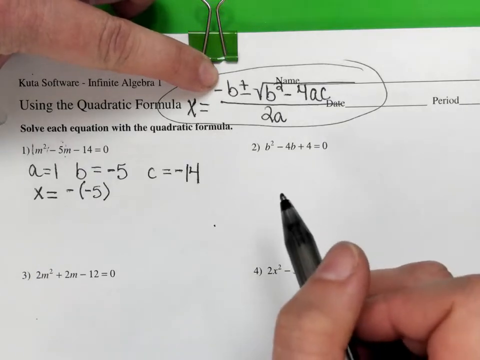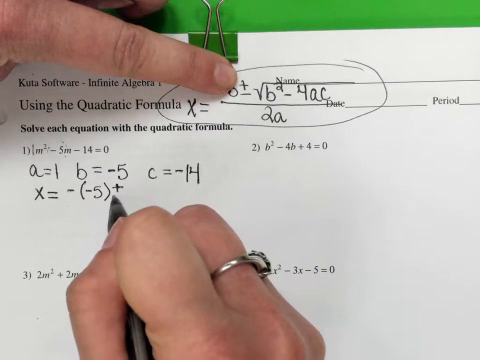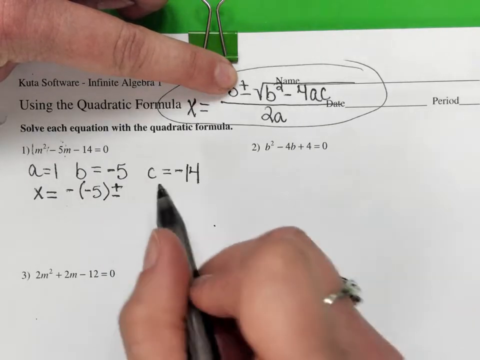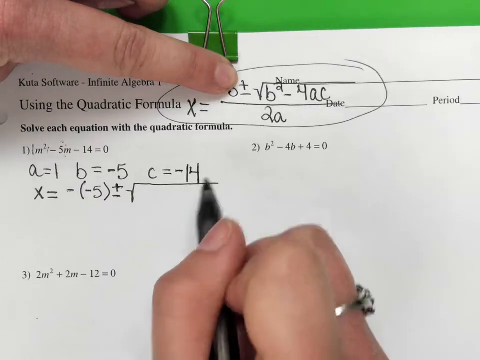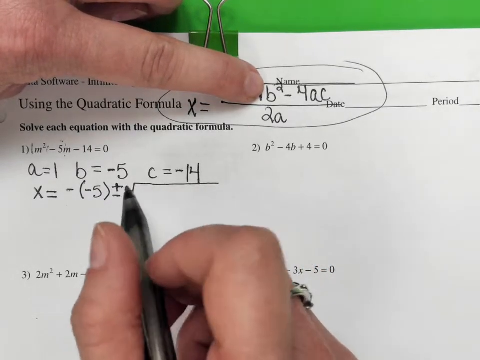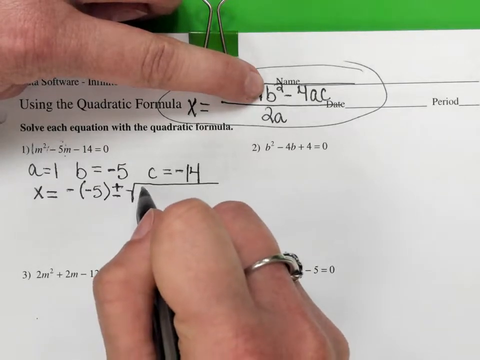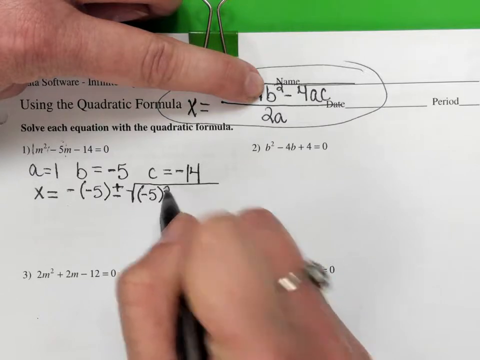All right, what's next? Plus and minus together. I'm going to tell you what that means in a minute, okay? All right, B squared. What's B? Negative 5. Look what I used around negative 5. What did I use? Parentheses. There you go.